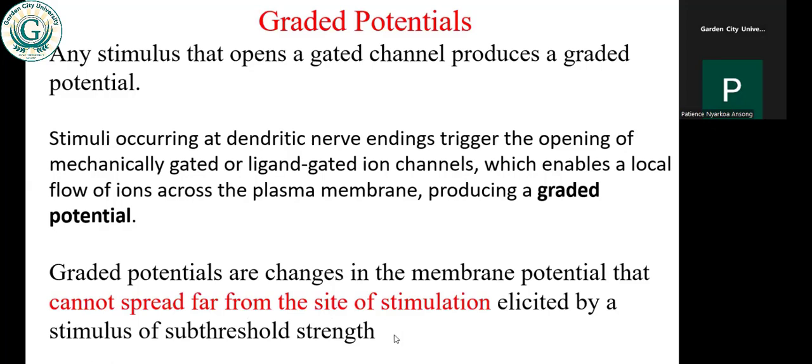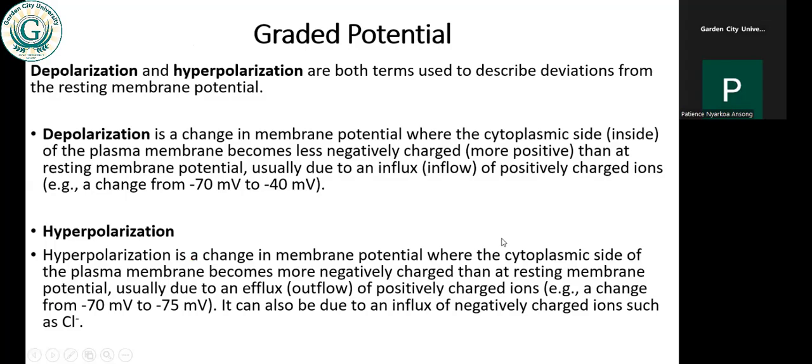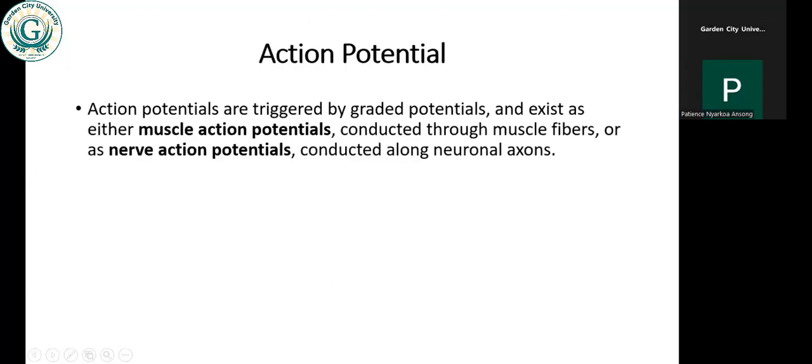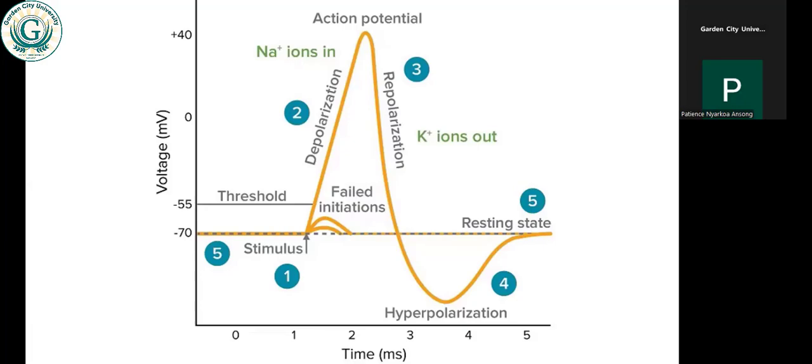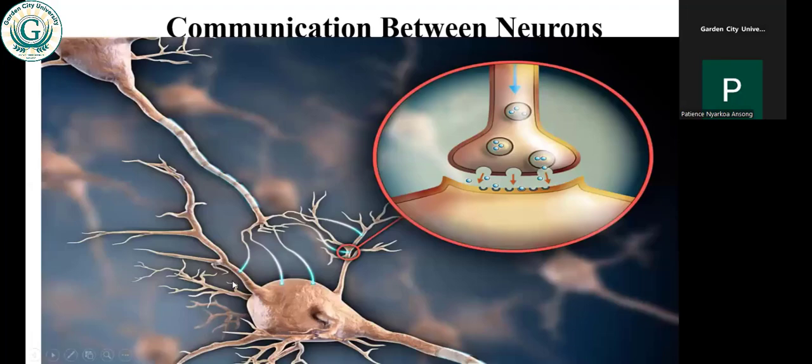Okay, so graded potentials are changes in the membrane potential that cannot spread far from the site of stimulation, elicited by the stimulus of subthreshold strength. All that I'm trying to say here is that the signal is received at the dendrite, and then this signal spreads across the dendrites and then the cell body.